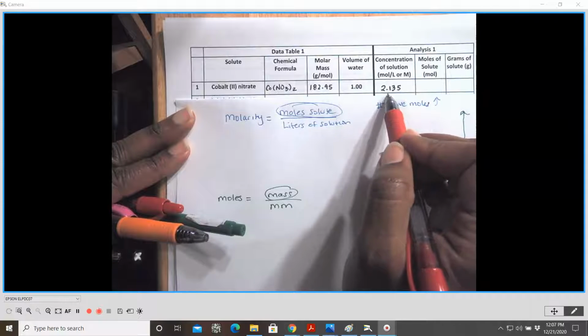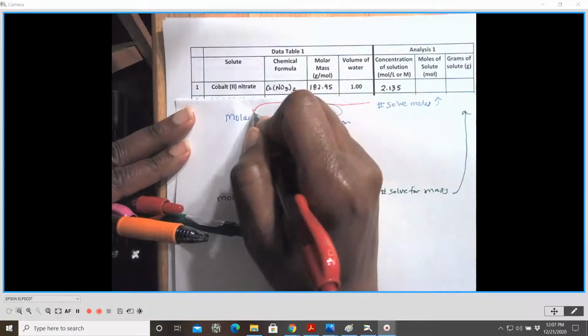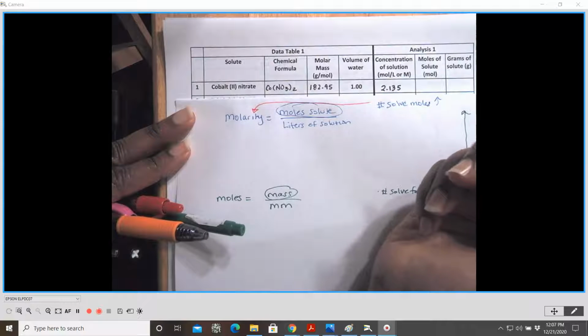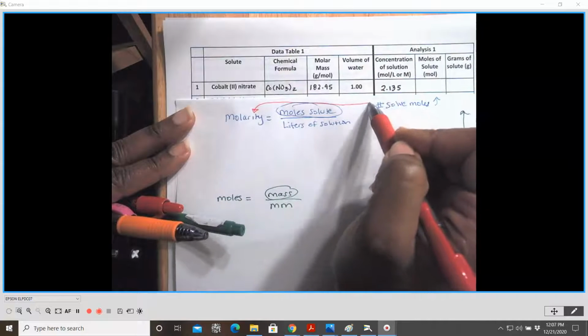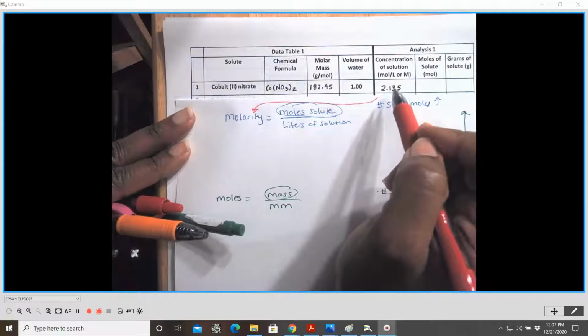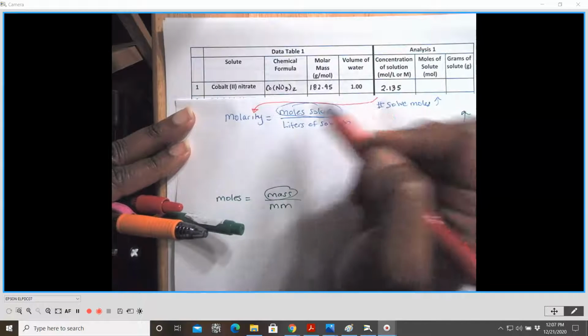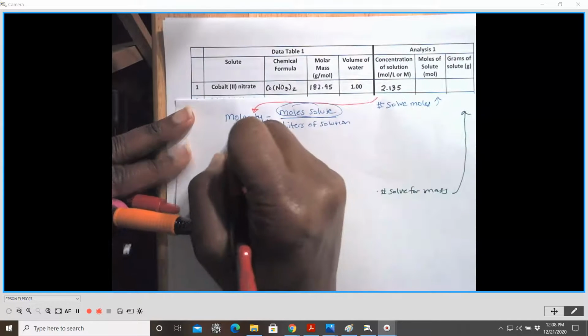In this case, I have 2.135. If you were in class, I got a different number when I did that experiment. The second time that I did it, the concentration of the solution was 2.135. So that's going to go in here.